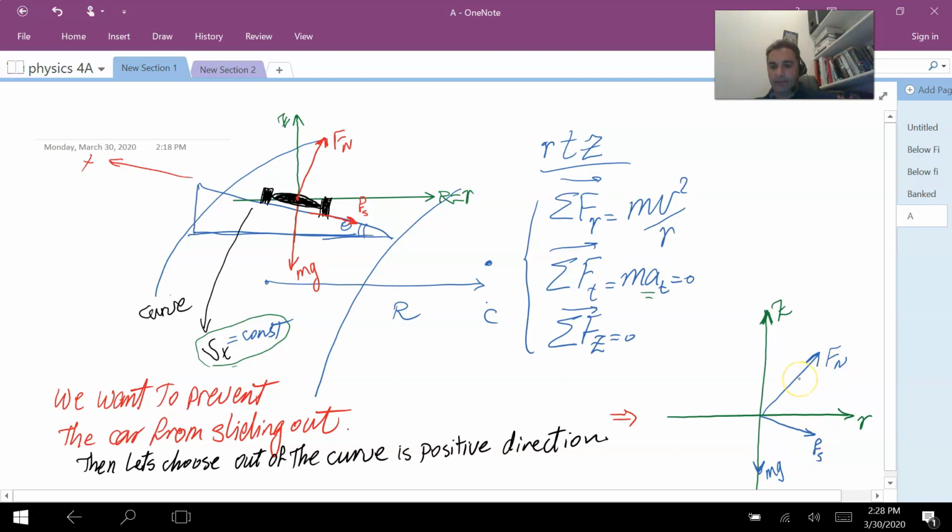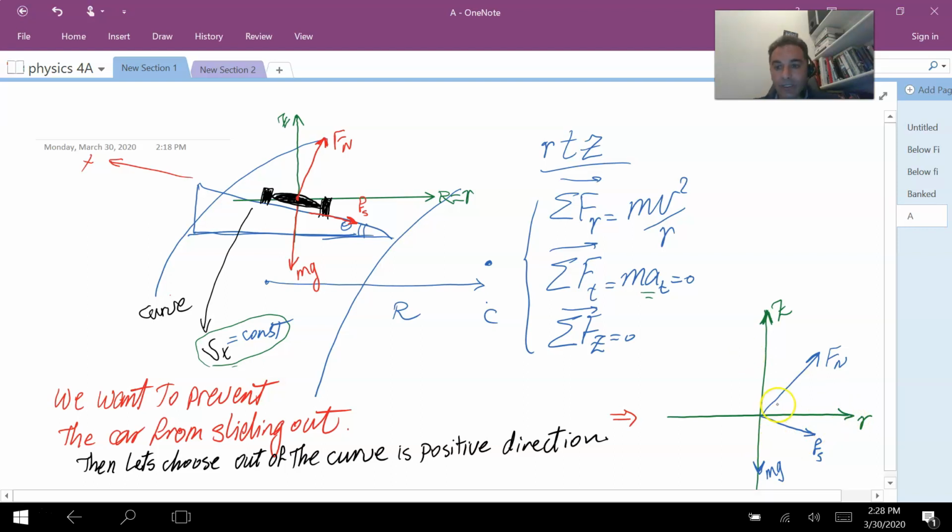Mg, Fs, Fn. What do I see? I see Mg is on z-axis, so it doesn't make any angle. So it has only one component, which is on y-axis or on z-axis. But Fn, compared to r and z, it makes the angle, and Fs also makes the angle compared to coordinate system rz.